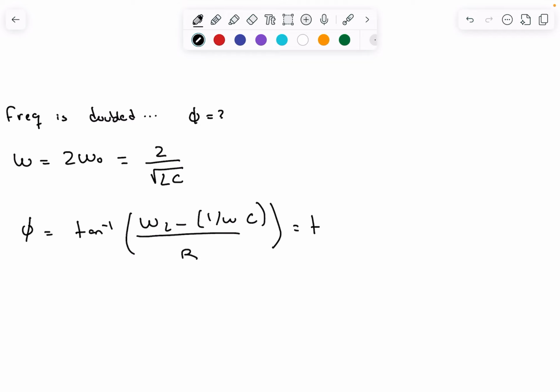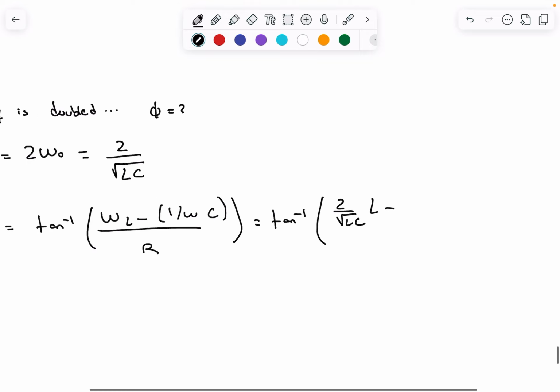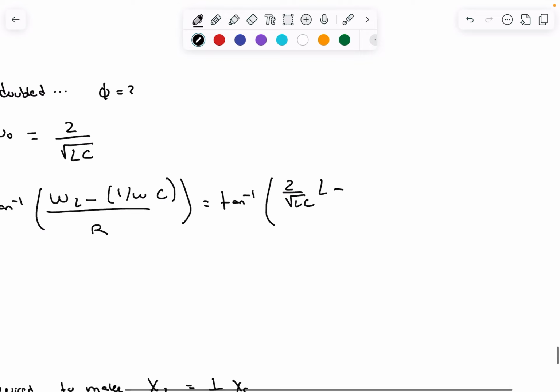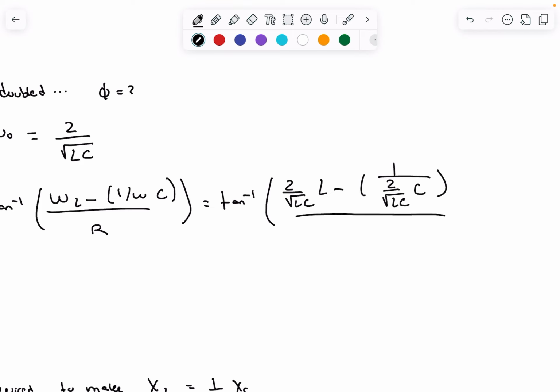It's going to be the inverse tan of 2 over square root of LC times L, minus 1 divided by omega times C, so it's 2 over square root of LC, all this divided by R.